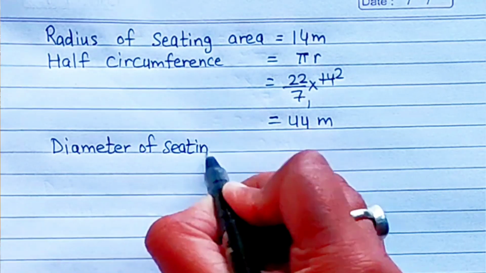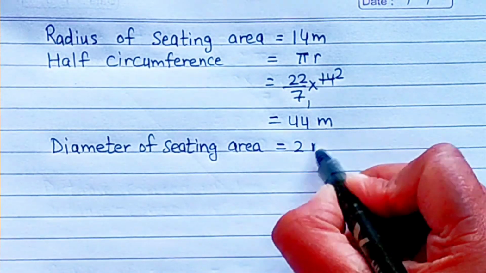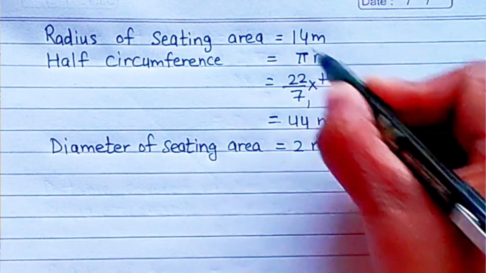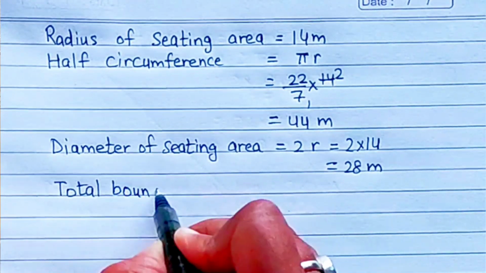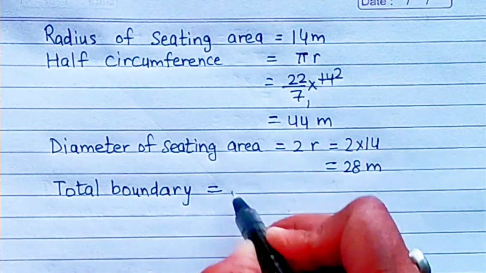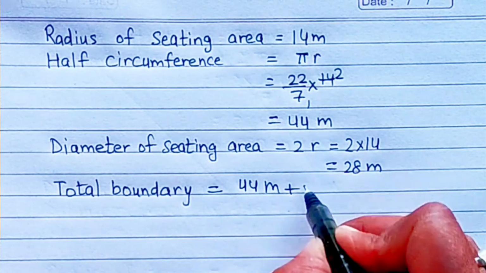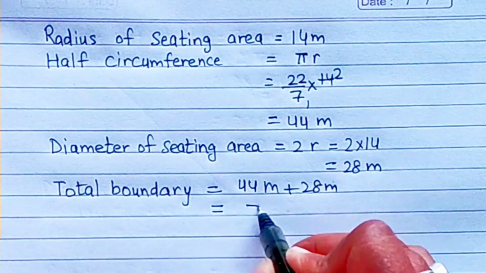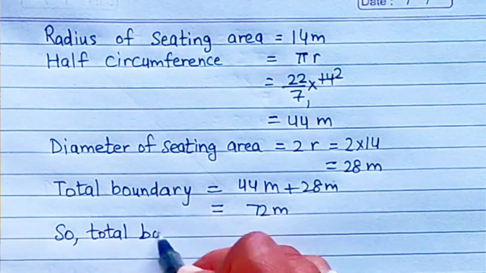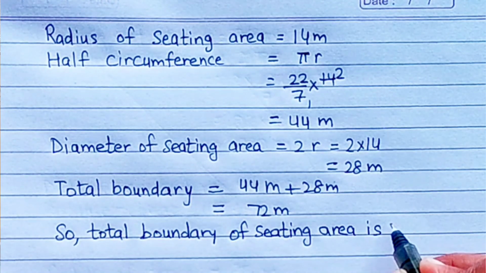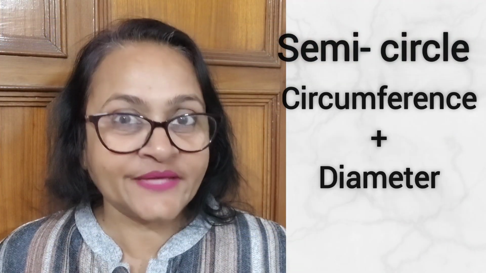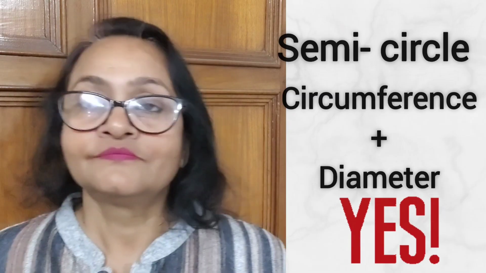Now diameter is just double of radius. That means diameter is 28 meters. That means total boundary will be 44 plus 28, which is equal to 72 meters. So just remember, half circle doesn't mean half boundary. Will you include the diameter? Yes or no?